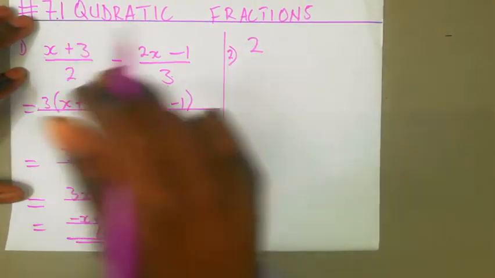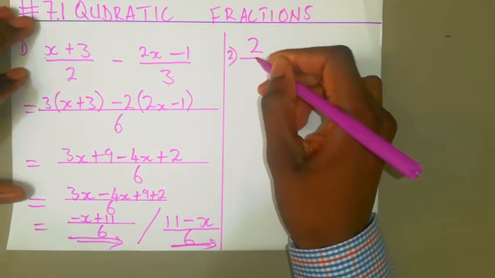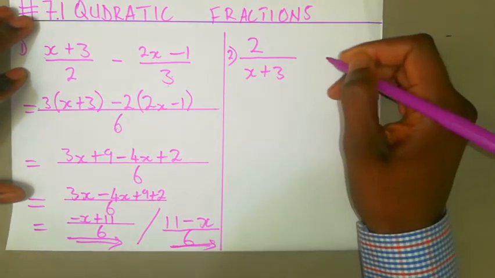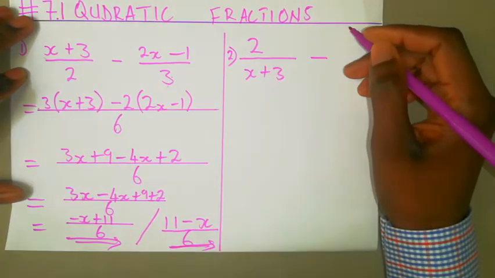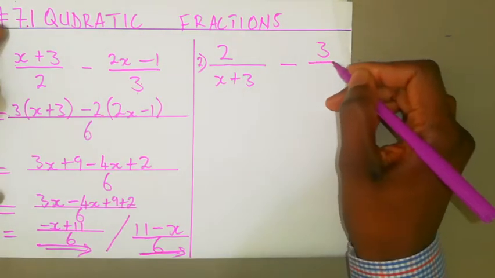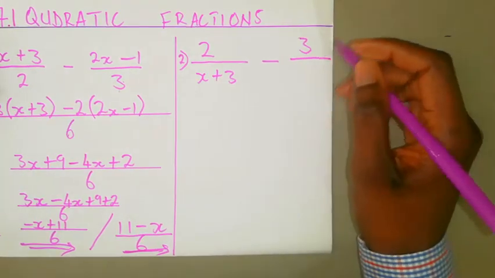I'm going to write the first question: 2 over x plus 3 minus 3 over 2x minus 1.